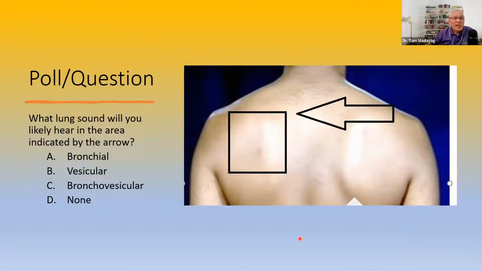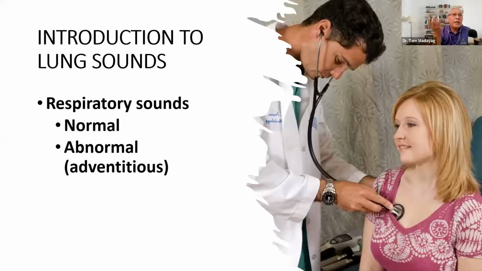So let's move on to lung sounds, or respiratory sounds. When we're talking about lung sounds, there are two types. One is normal breath sounds, and the other is abnormal, also known as adventitious breath sounds.